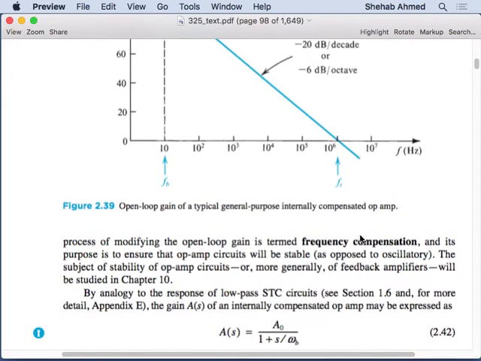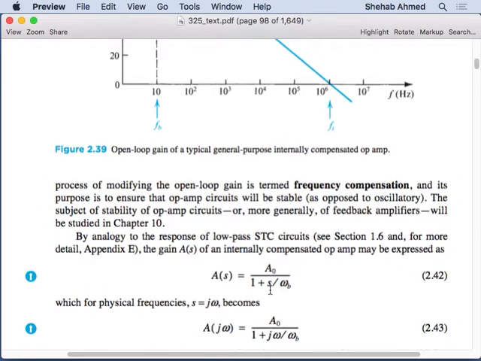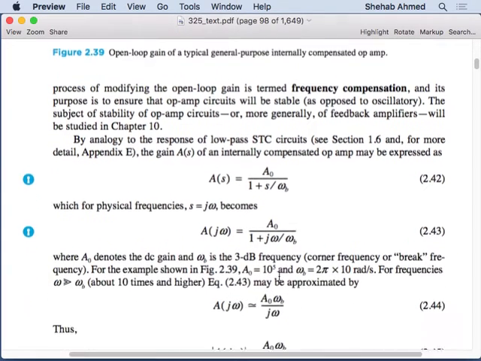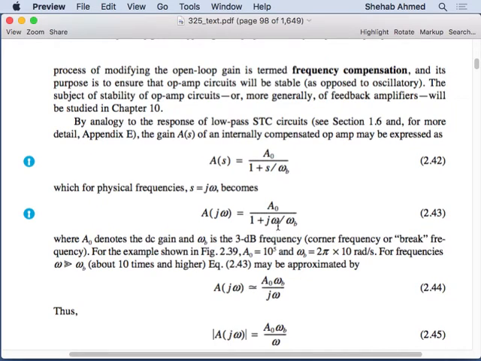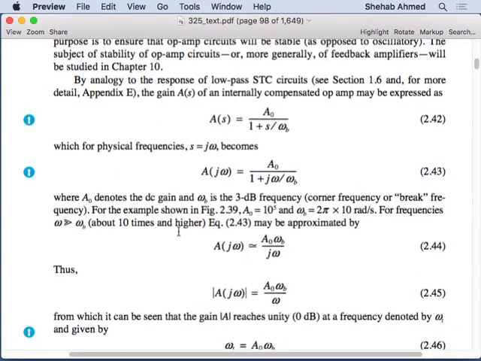So they say, at omega a large number, what does this reduce to? If omega is much greater than omega B, you can neglect omega B, and you can also neglect 1, since it's a large number with respect to 1.